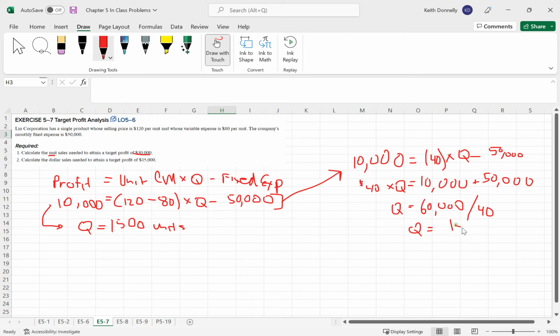Q equals 1,500. Right, if you just wanted to see kind of the long algebra.